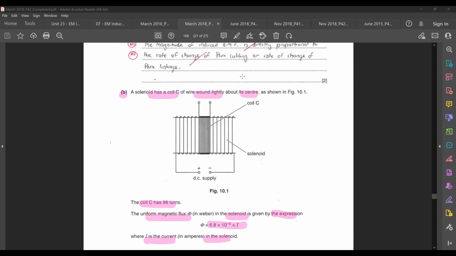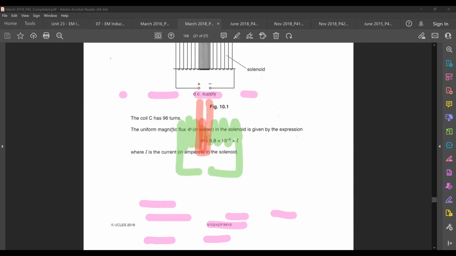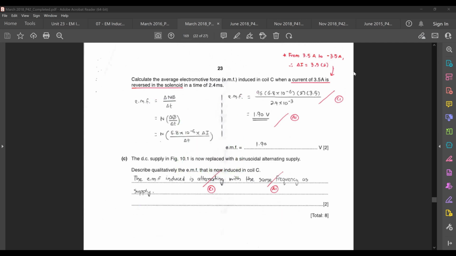So again, you had something similar to something you just done. You have a solenoid here, and then wrapped around your solenoid halfway is another coil. In the next part, they ask you to calculate the average EMF induced in coil C when the current of 3.5 amps is reversed in the solenoid in a time of 2.4 milliseconds.